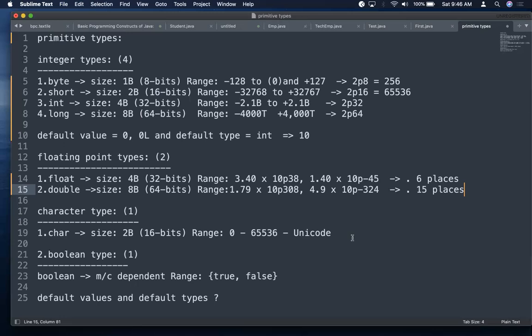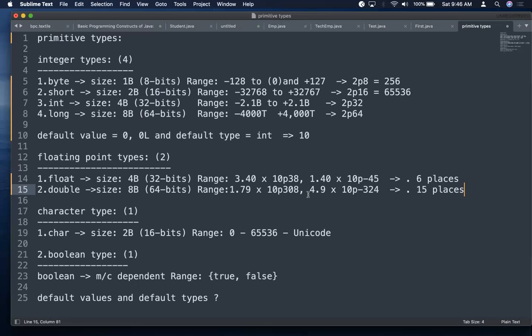In the same fashion, double has a very big range, which starts from 4.9 into 10 to the power of minus 324 to 1.79 into 10 to the power of 308. So this is the range. Of course we can calculate the range with the powers as well, minus 2 power 63 to plus 2 power 63, which is somewhere equivalent to this particular value.